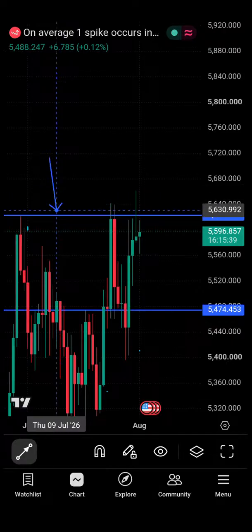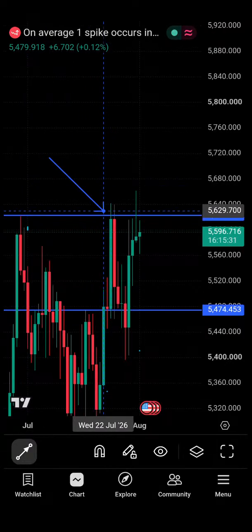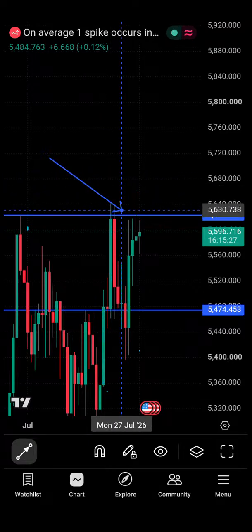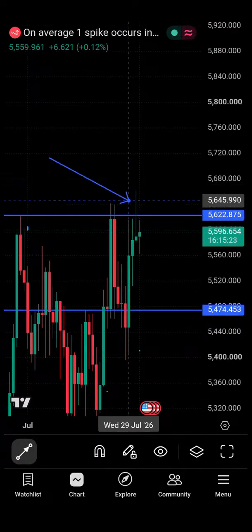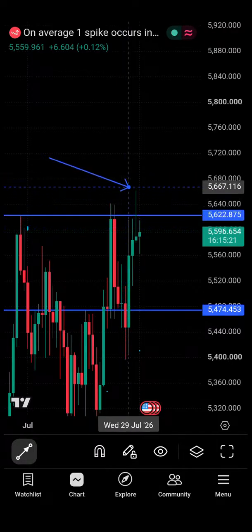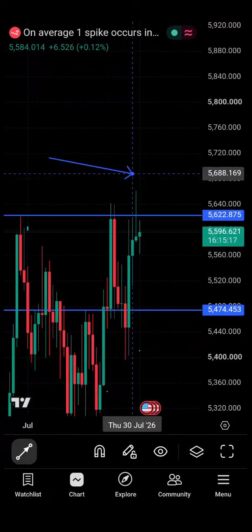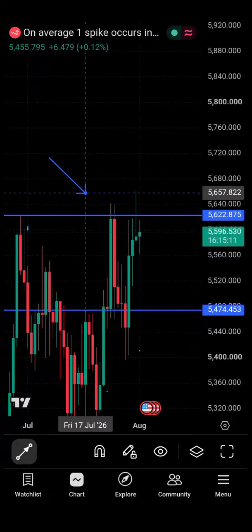This area is very strong because on the first touch, the market failed to break. The second time, the market failed to break. And now it tried to push up to break this area, but it failed. It is still below this level.